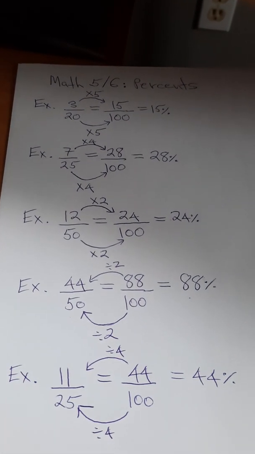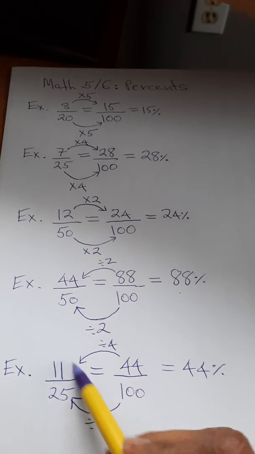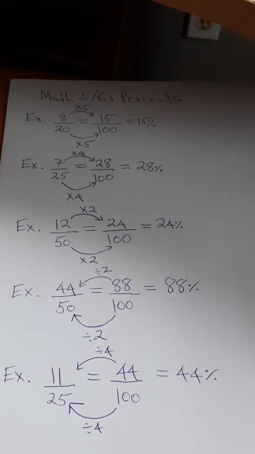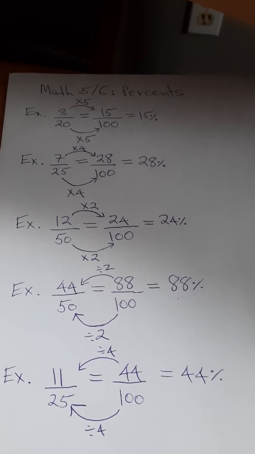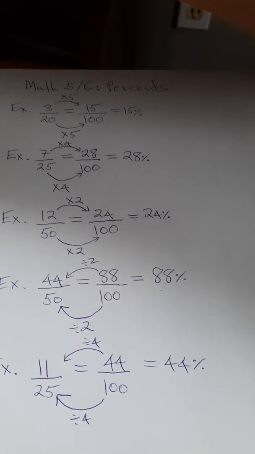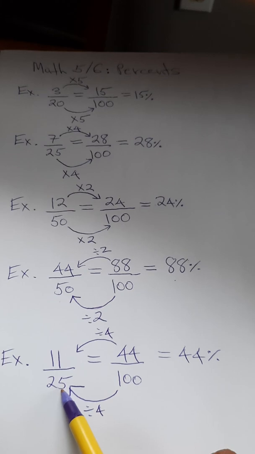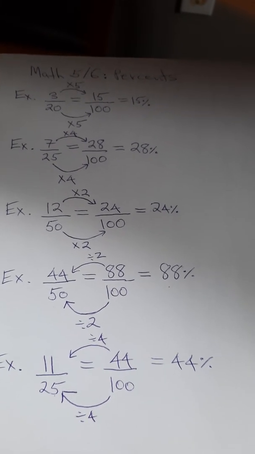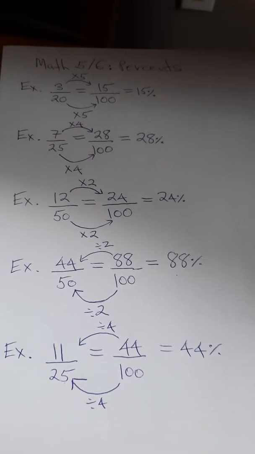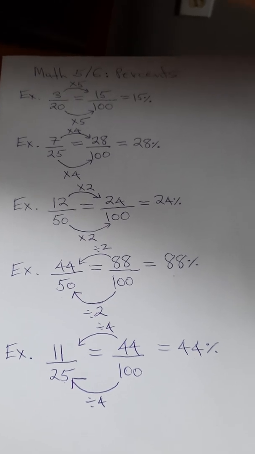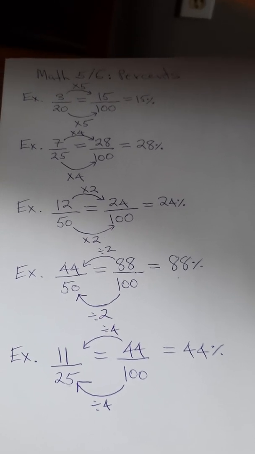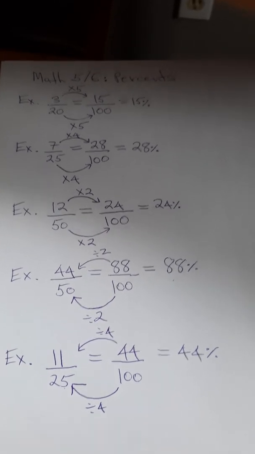This ends up being our final answer in terms of the fraction: 11 over 25. If you check this on your calculator, you're just doing 11 divided by 25 times 100%, and you'll notice that you get exactly 44%. Are there any questions here? All right, that looks good.